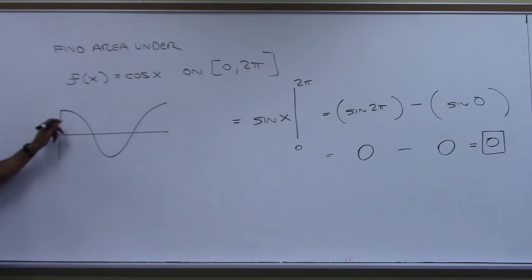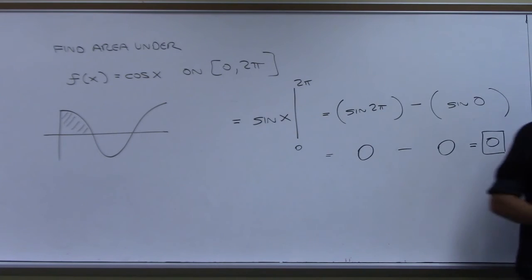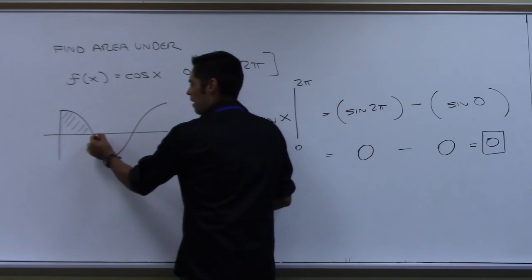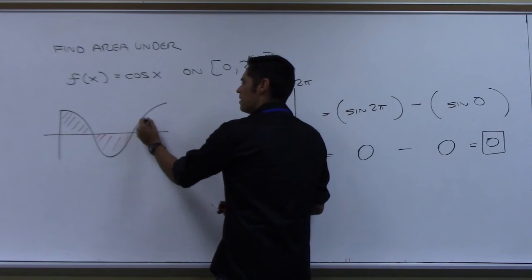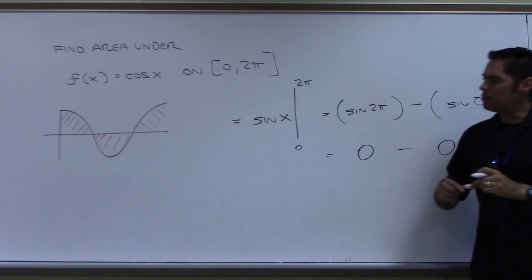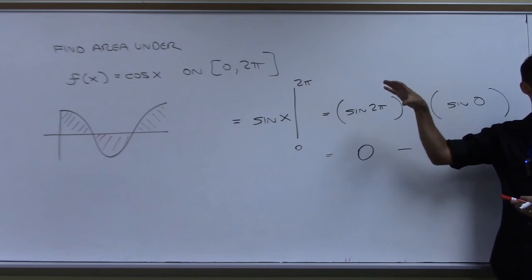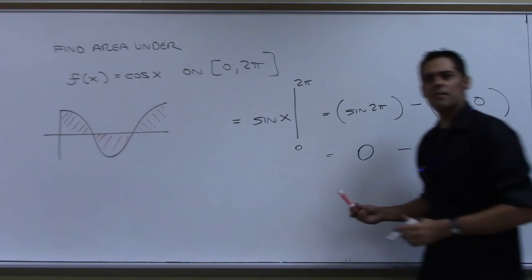It's counting this area right here as positive area, and somehow it's counting this other stuff as negative area. And then this is positive area. Because of the symmetry of the graph, the red part below is equal to the black part above, and then it's going to cancel out and get 0. Now, why is it counting it as negative?